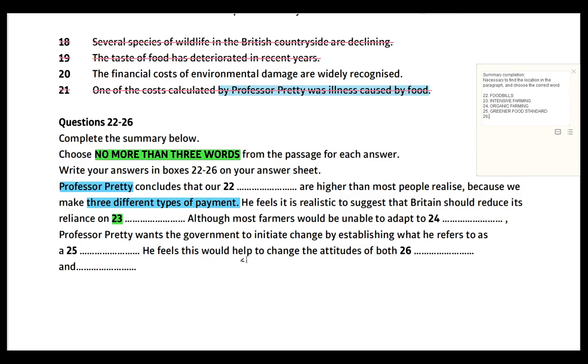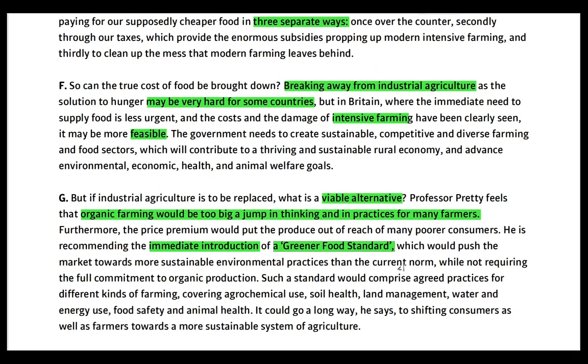He feels this would help to change the attitudes of both something and something as well, which would push the markets towards more sustainable environmental practices than the current norm, while not requiring the full commitment to organic production. Such a standard would comprise agreed practices.